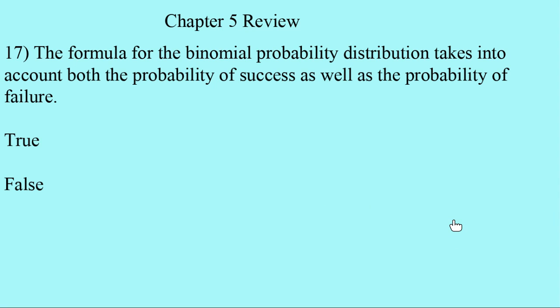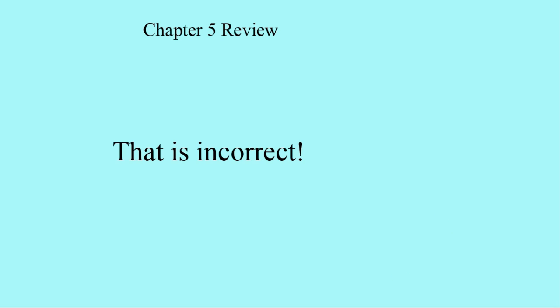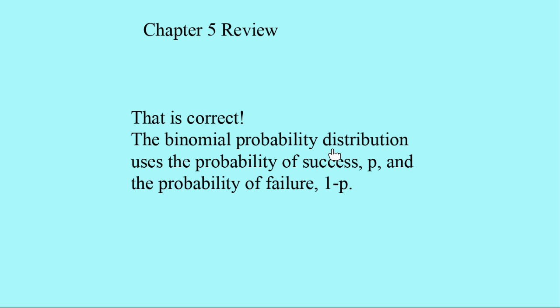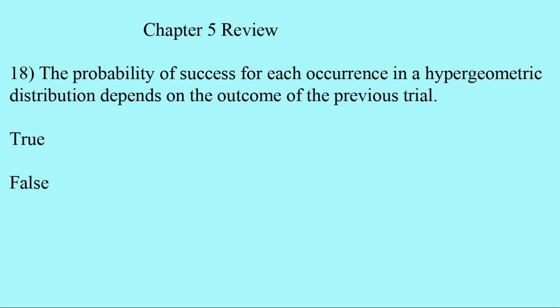True or false? True. Correct. Very good. The binomial probability distribution uses the probability of success, p, and the probability of failure, 1 minus p. Right. Excellent.